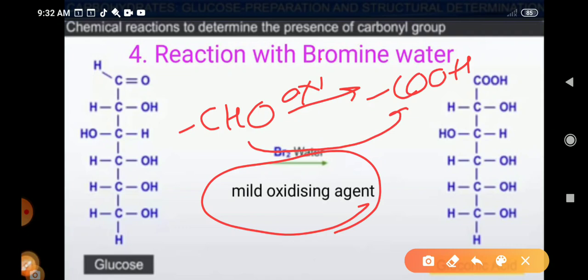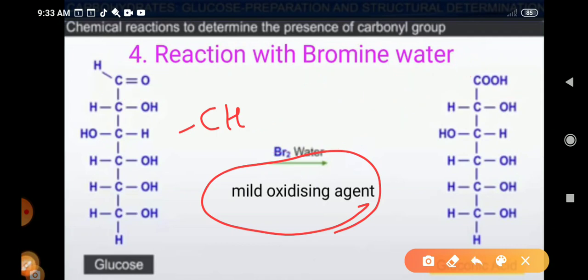Now let us check the reaction here. In this reaction, the aldehyde group present in glucose is changed into acidic COOH. That means CHO is converted into COOH. That is, oxidation is taking place, and this oxidation takes place in the presence of an oxidizing agent.